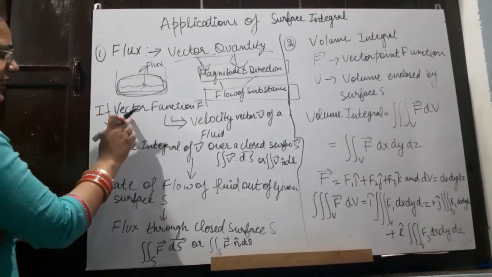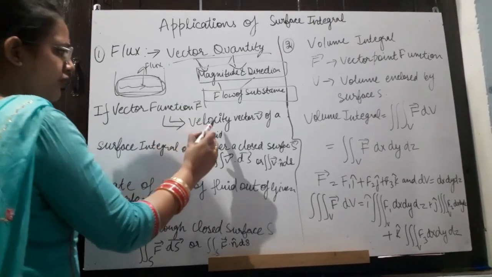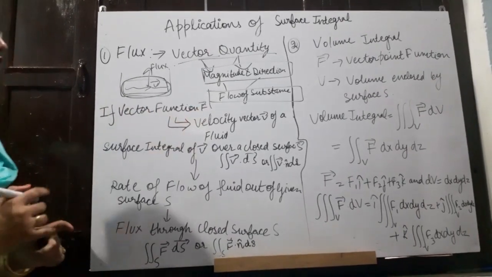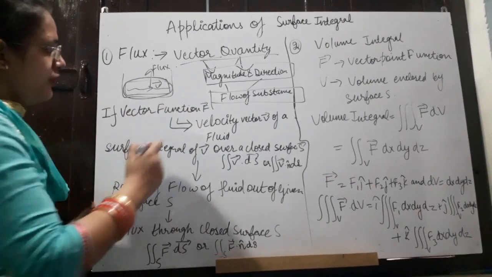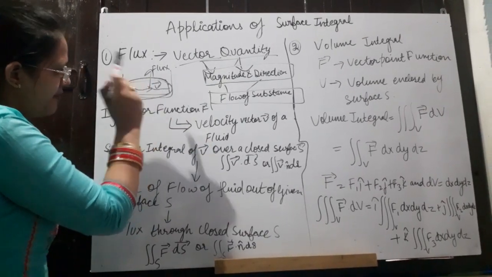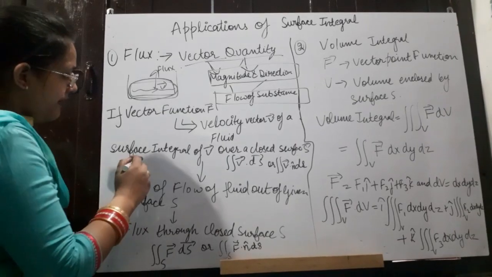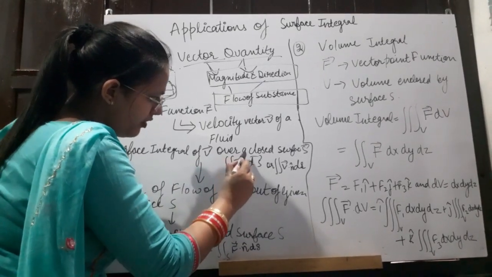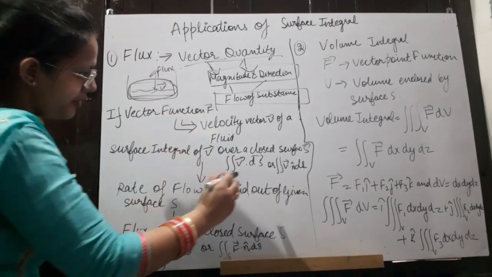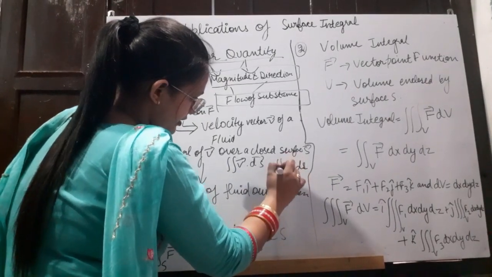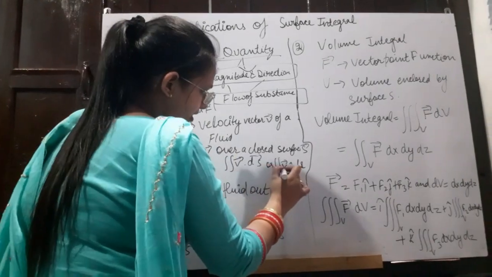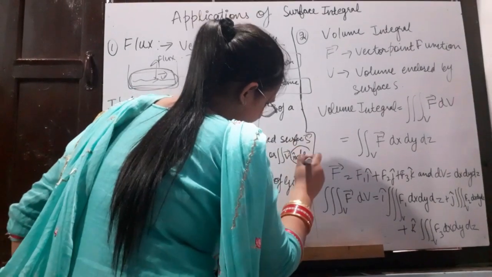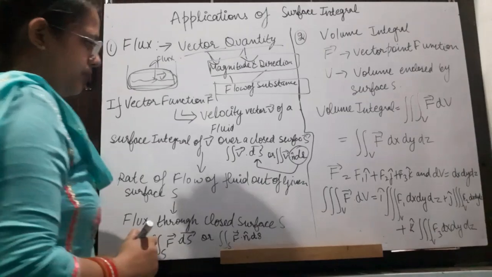So, if the vector function f represents the velocity vector v, the velocity of the fluid, then our surface integral is the surface integral of velocity v over a closed surface ds vector, or we can write it as the surface integral of velocity vector v dot normal vector n ds.